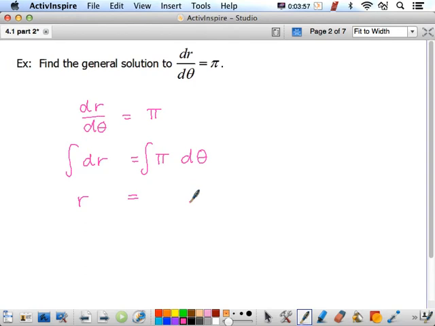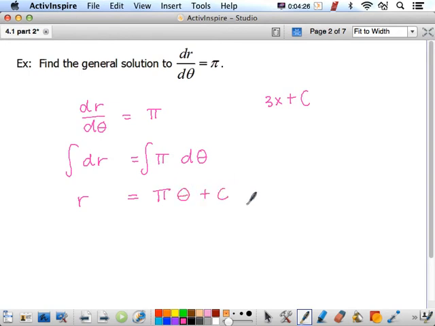Now pi is just a constant, so this is the same thing as integrating a 3. If this were 3 dx, then it would be 3x plus c. But this is pi d theta. We have no thetas right now, but when we integrate, one's going to pop up, just like an r popped up here. So the integral of d theta is theta, and this side will be the constant pi times theta plus c.